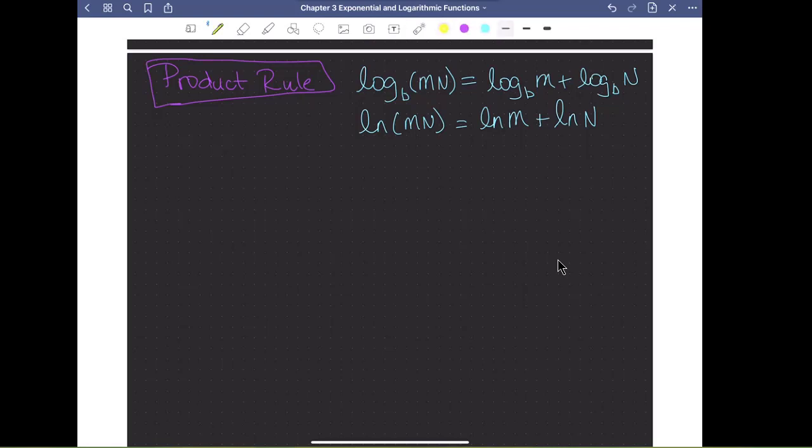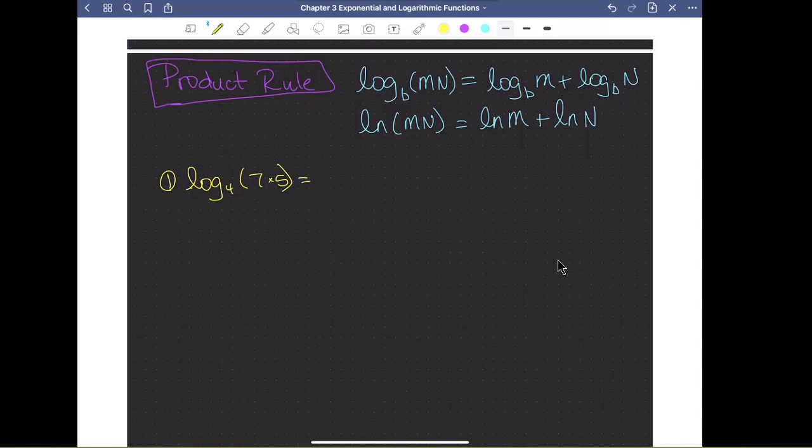All right, so let's say we have log base 4 of 7 times 5. Granted, I understand that that's log base 4 of 35, but we're just using this as an example so we know how this rule works.